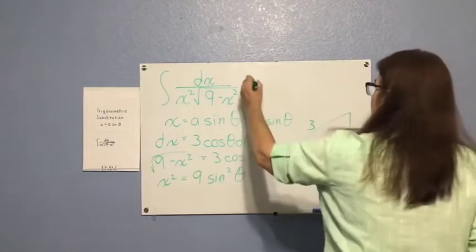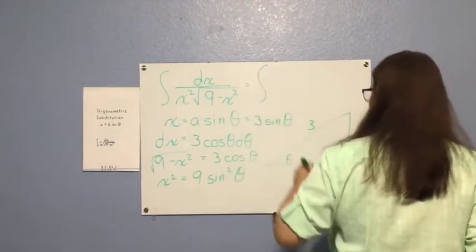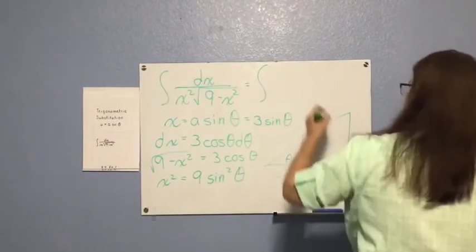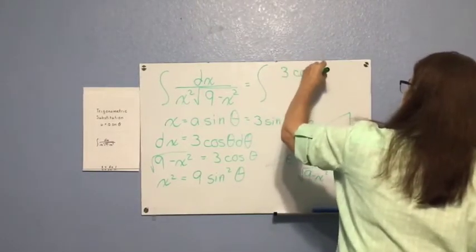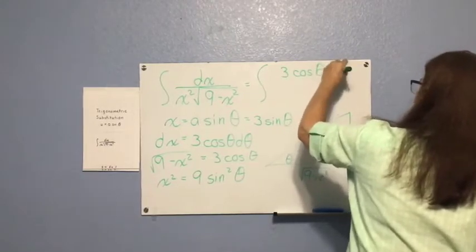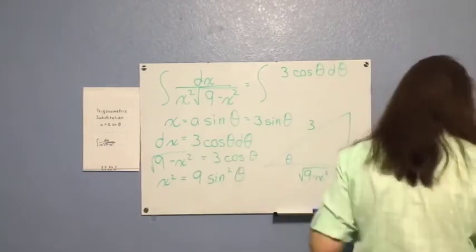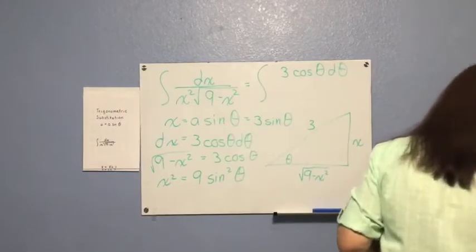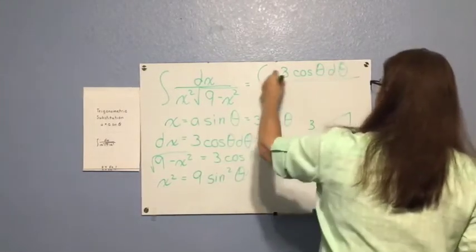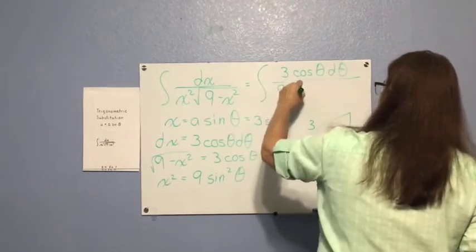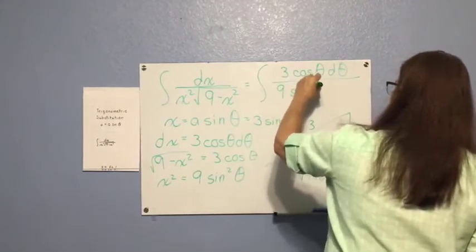So substituting in here, 3 cosine theta d theta, that's from right here. And then the x squared is going to be the 9 sine squared theta.